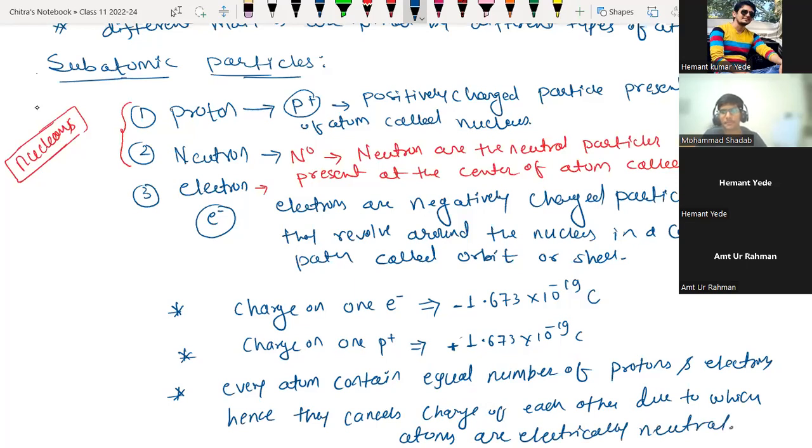Understood everyone? Suppose we have sodium, and sodium has atomic number 11.